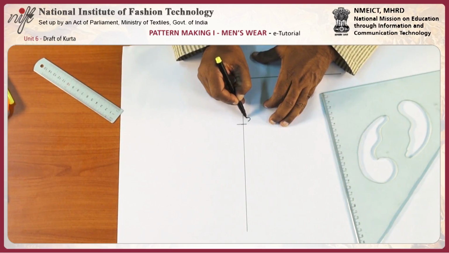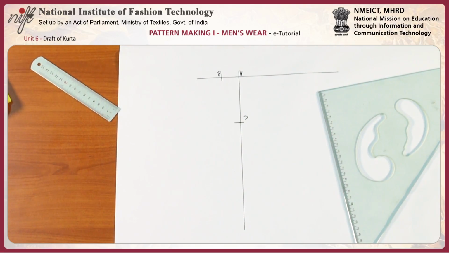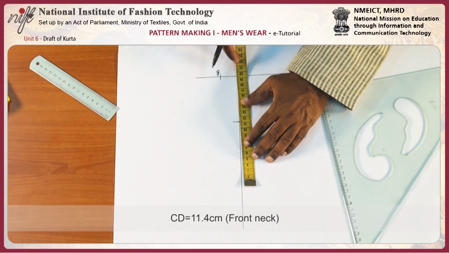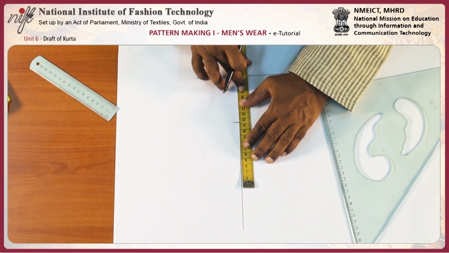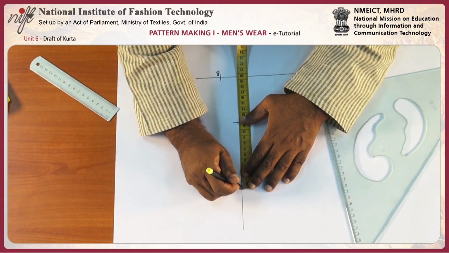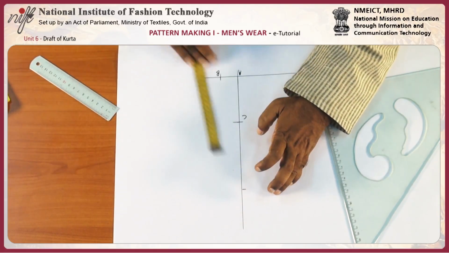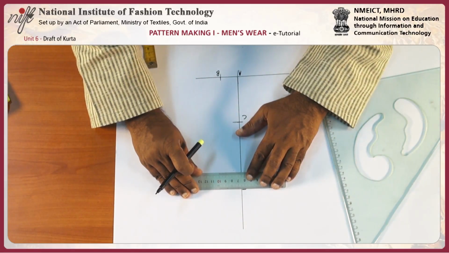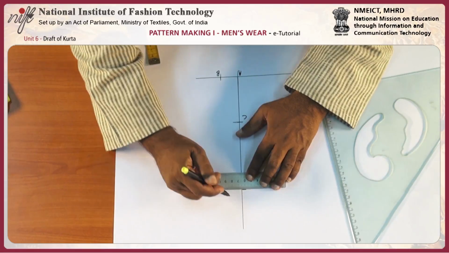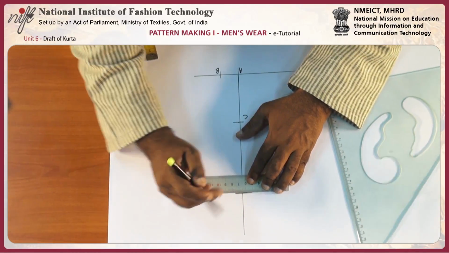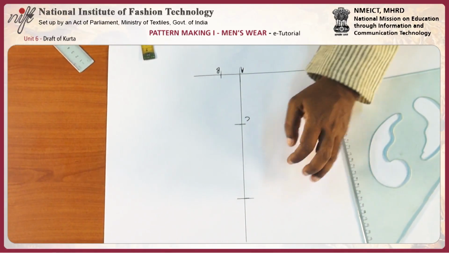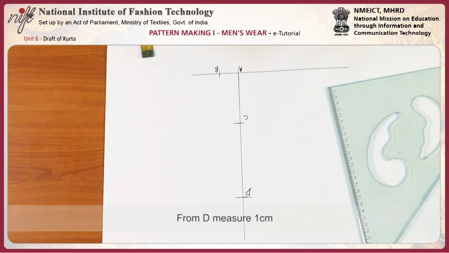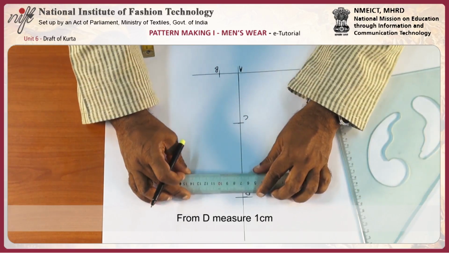This is point C. C to D is 11.4 centimeter, that's the front neck. From D, measure 1 centimeter.